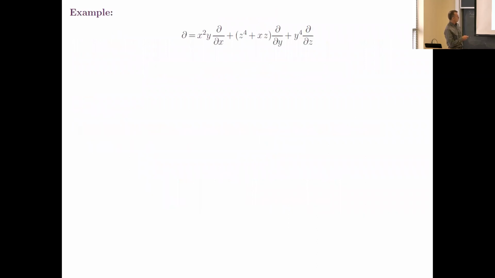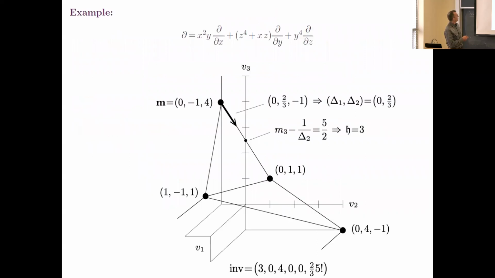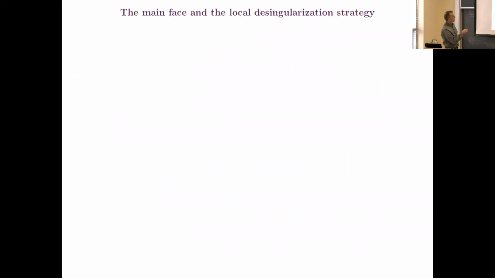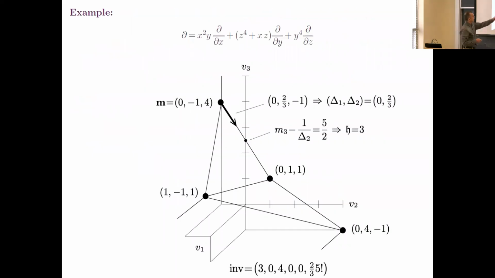In this case, it can even increase if you're not careful. Okay, so I just recall to you this invariant. It's something which is related to the face of the polyhedron and to some vectors which are computed by taking this edge and so on. I'm going to make a picture in a moment.